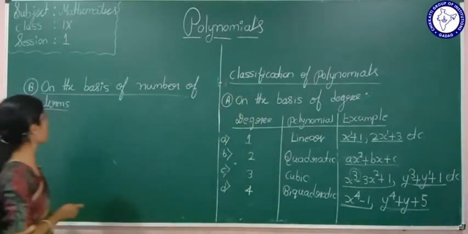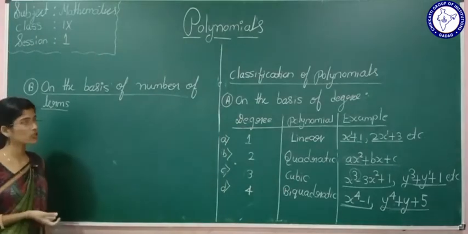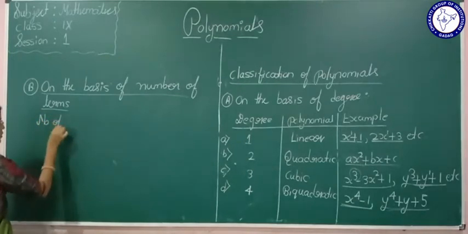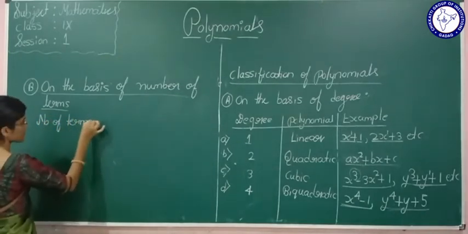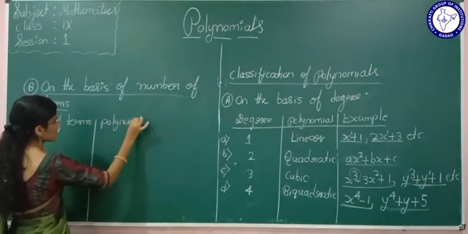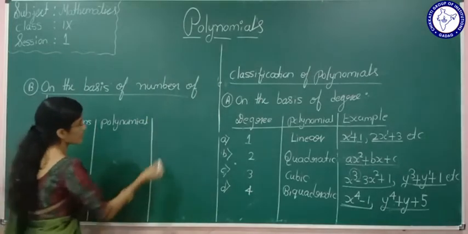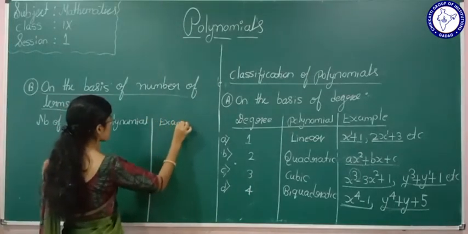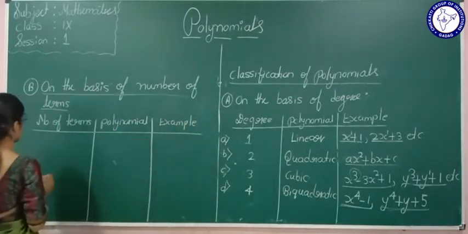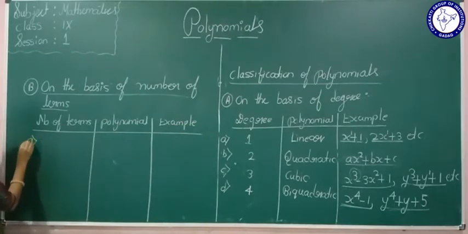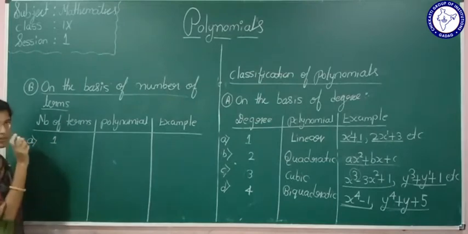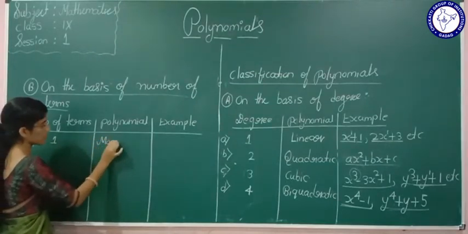Now see here, on the basis of number of terms, how are we going to classify these polynomials? Now see here students, if the polynomial contains only one term, it is called monomial.